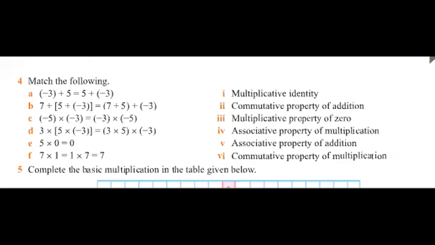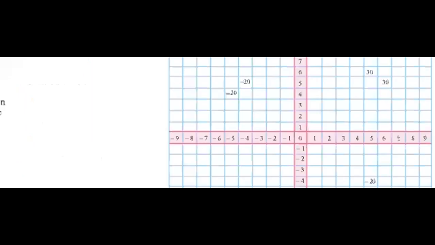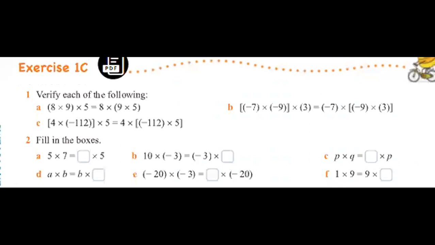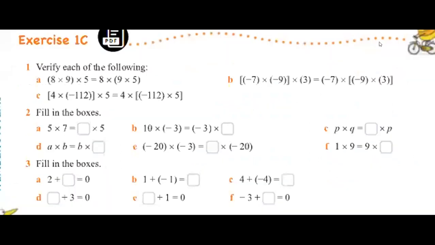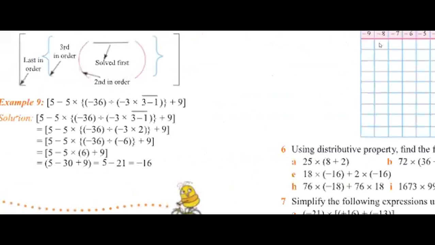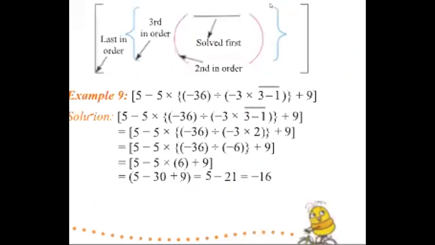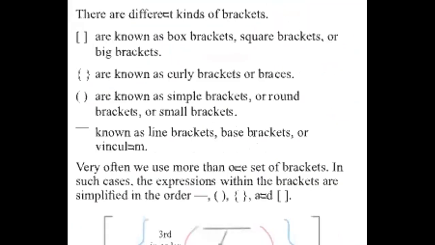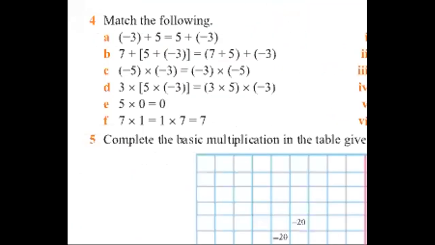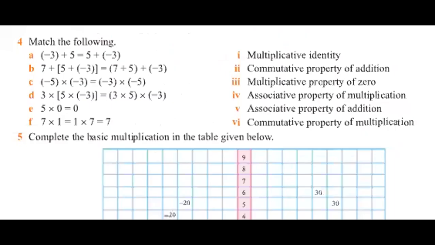Okay, I have some sums for you all. You can just take a look over here. You can take a screenshot. This is the order of brackets, and these are the names, and this is match the following. You can take a printout or a screenshot.